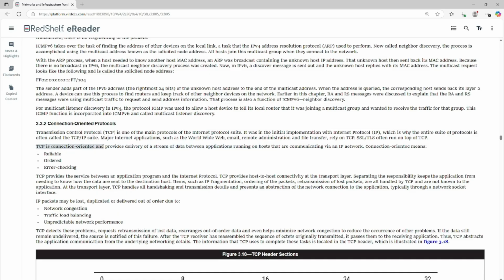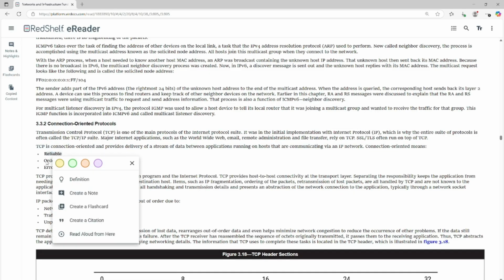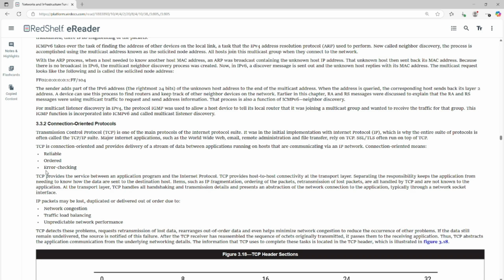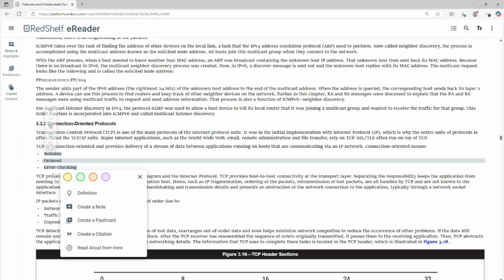TCP is connection oriented and provides delivery of a stream of data between applications running on hosts that are communicating via an IP network. Connection oriented in this case means it's reliable, it puts things in order, and it does error checking. You want to keep that in mind about TCP.